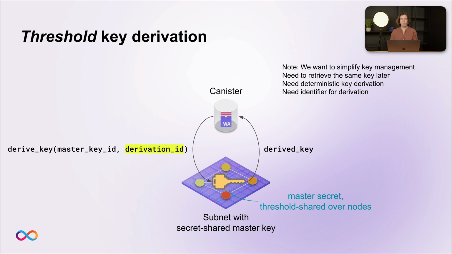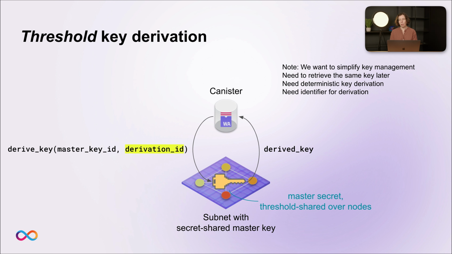You will call this function. You will give a master key ID just to say, hey, I want to derive a key from this master key. And you will also give it a derivation ID. This is the crypto magic string from which you derive any key. The reason you need a derivation ID is that, as I mentioned before, we want to simplify key management.